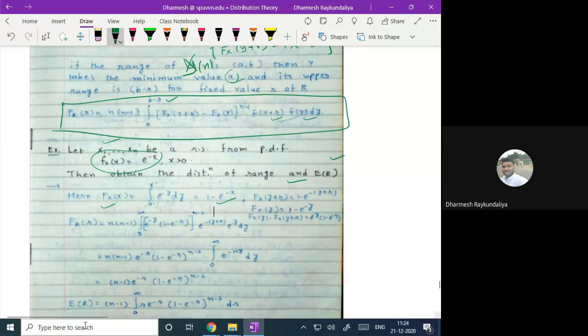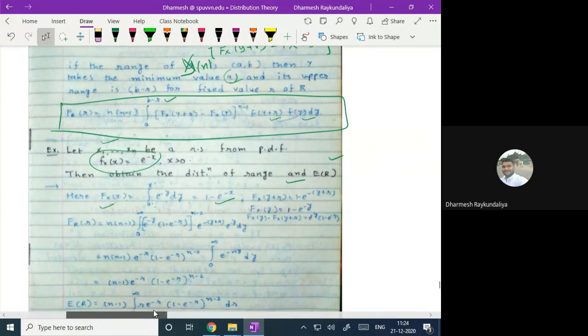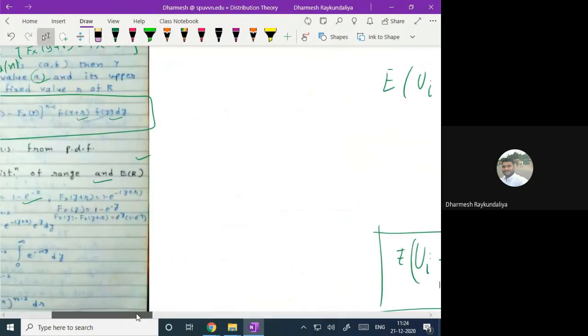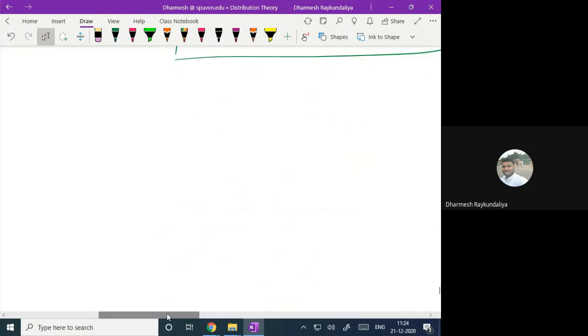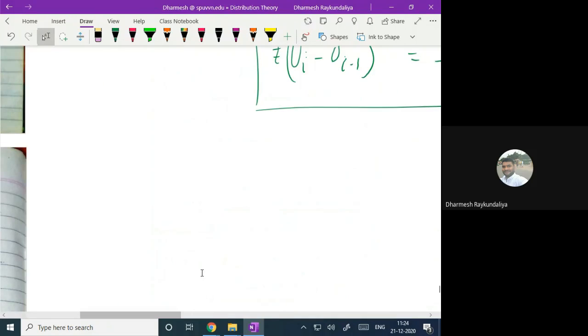Okay, everyone knows this, but I will show it, let us show it. What is given? f of x is e raised to minus x. So what is the capital Fx?